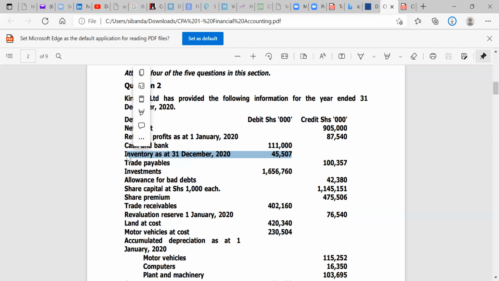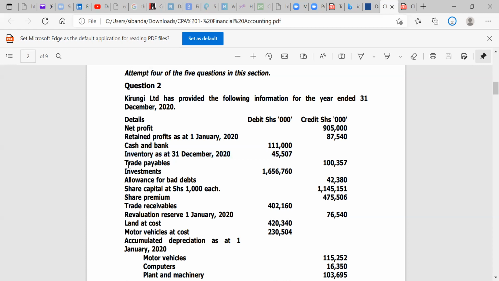Because after we have sales, then we do less cost of sales. It is under that cost of sales where we say opening stock, add purchases, and less closing stock. So closing inventory goes in two places, goes into the statement of financial position, but also goes into the statement of comprehensive income. So it's good to appreciate that.